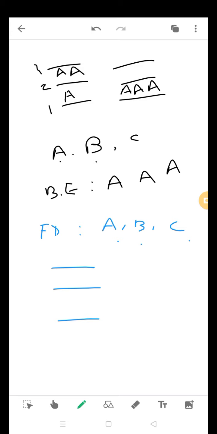That means each state can have only one particle, so it will be A, B, C, or B, A, C, and so on. So the number of distributions in case of FD is much less compared to the number of distributions in the case of BE. So this is actually the difference between FD and BE.